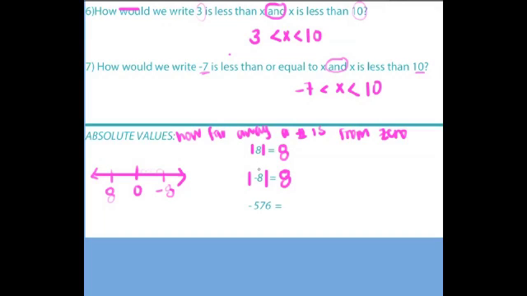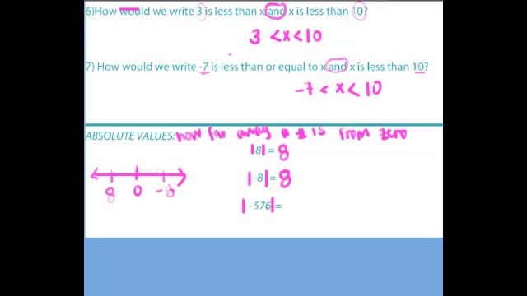Another thing to remember is that no matter what you put in an absolute value, whether it's a positive or negative number, the solution is always going to end up being a positive number. So even though this -8 is inside an absolute value, the answer is always going to be positive. Here we go for this third example.